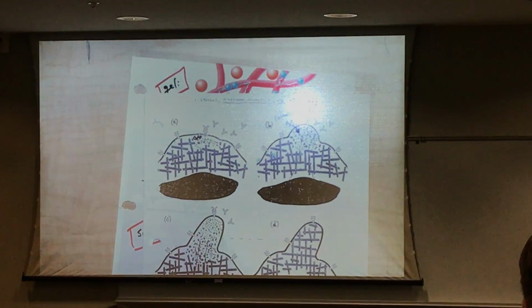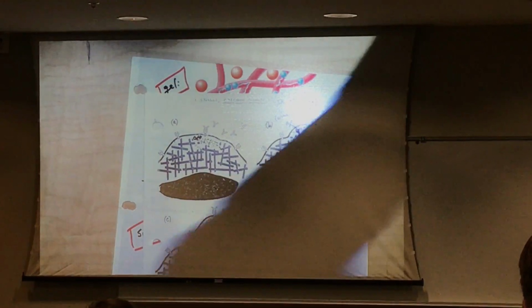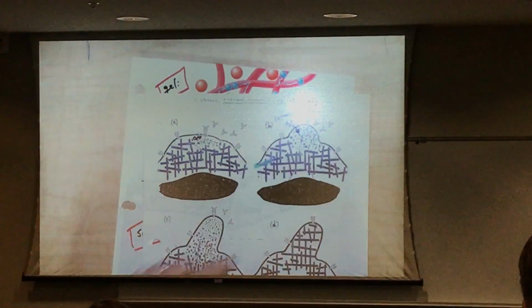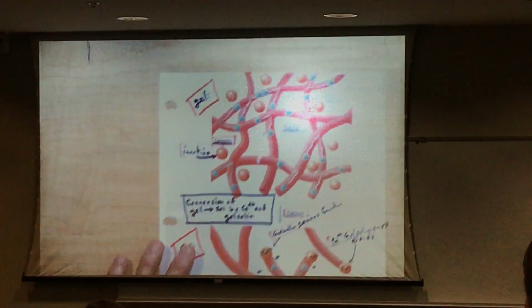And so when it goes from a gel to a sol, that viscous sol can sort of leap forward to form the pseudopod. And then you can cross-link the pseudopod back to the gel state, that kind of thing.